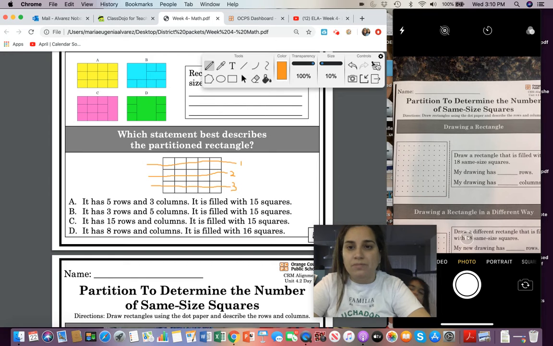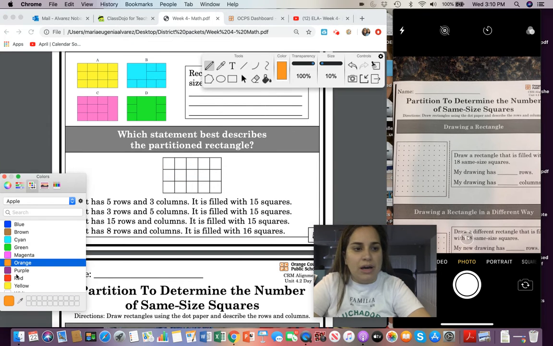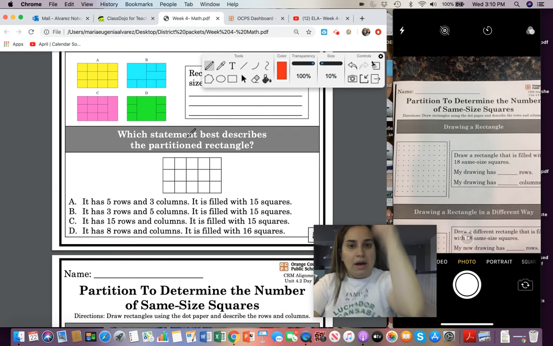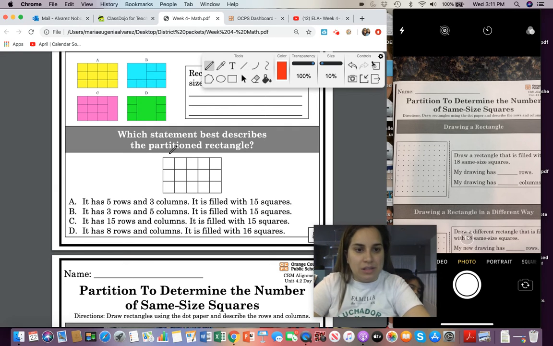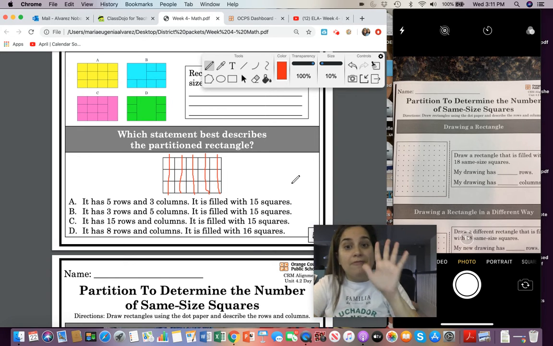All right? But if we're talking about columns, remember that columns go up and down. So this is 1 column, 2 columns, 3 columns, 4 columns, 5 columns. So this rectangle has 3 rows and 5 columns.